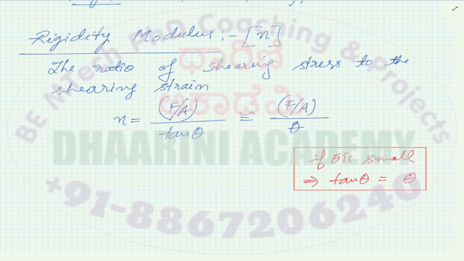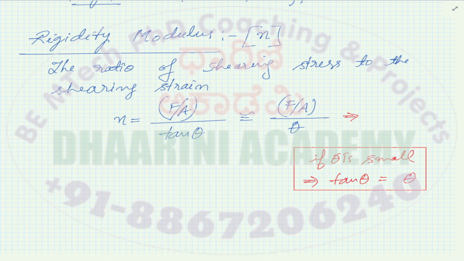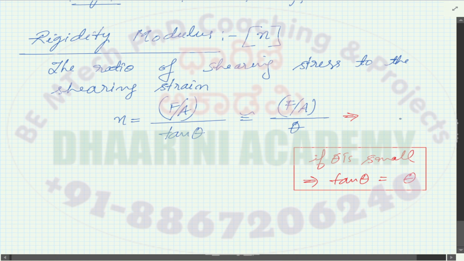Some books will also refer to this as F by A whole divided by theta. It doesn't matter. So what is the unit of this? The unit is still Newton per meter square itself, because the denominator has no unit. Tan theta is a unitless quantity.